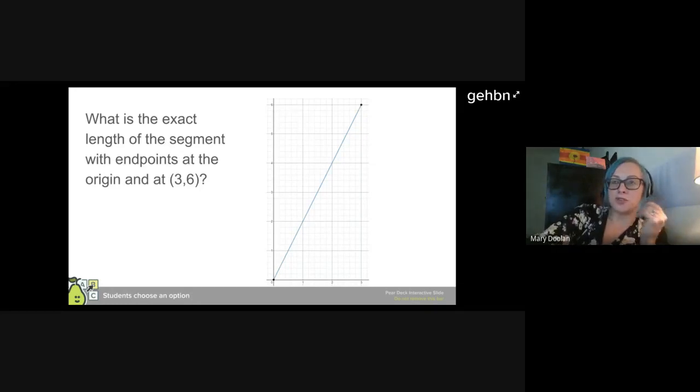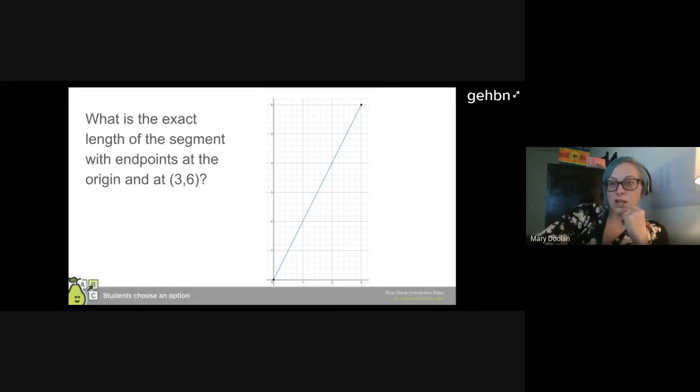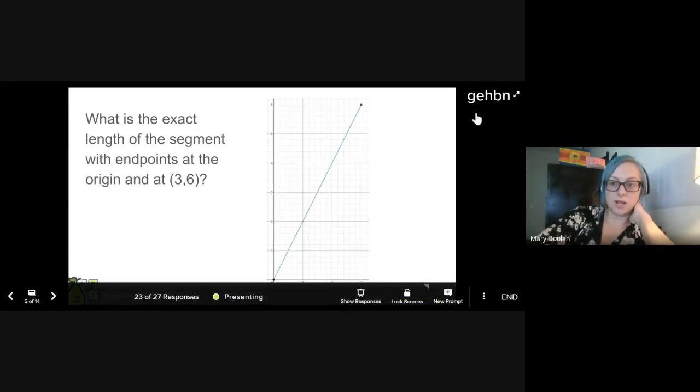I have 27 responses. And for the number of us that are in the Meet, we should have 30 people in the Pear Deck review. So there are some of you that aren't logged into it. If you are one of the 3 that still need to log in, the code is in the upper right-hand corner, and you go to joinpd.com.